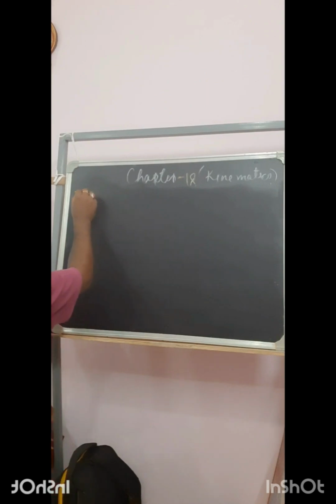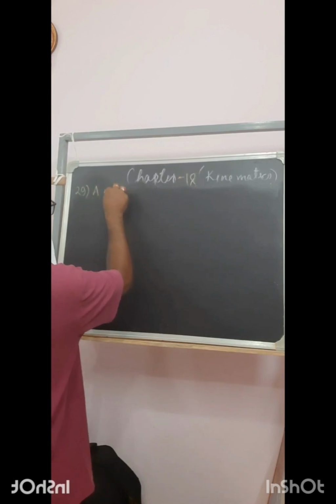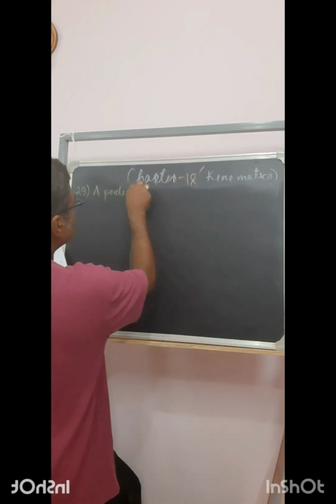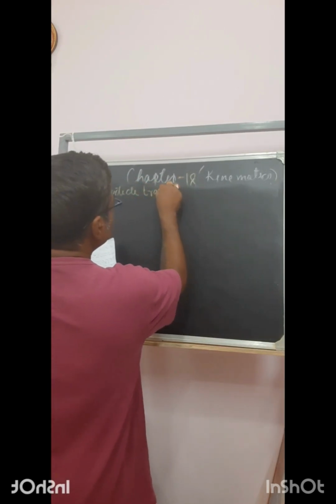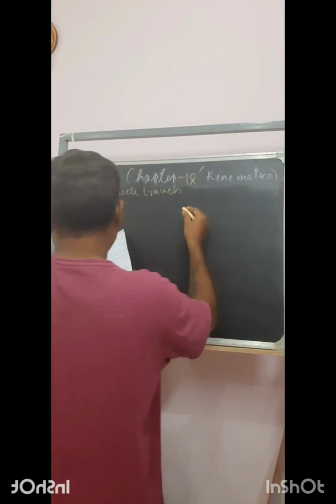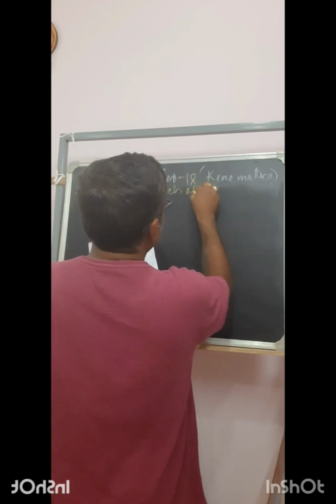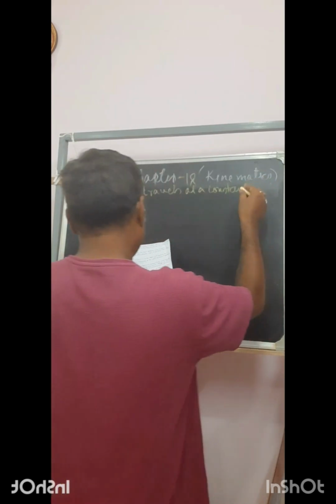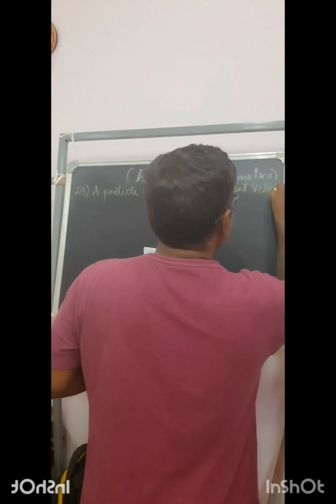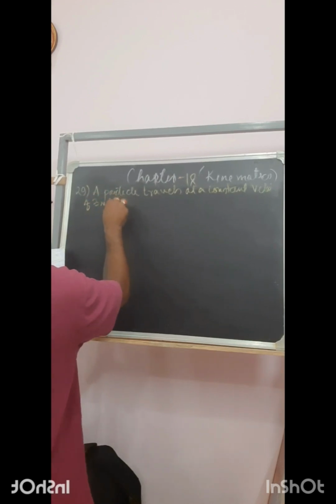Chapter 18. The problem starts from 29. It says a particle travels at a constant velocity of 3 meter per second.